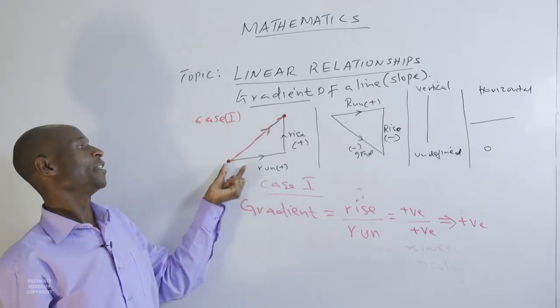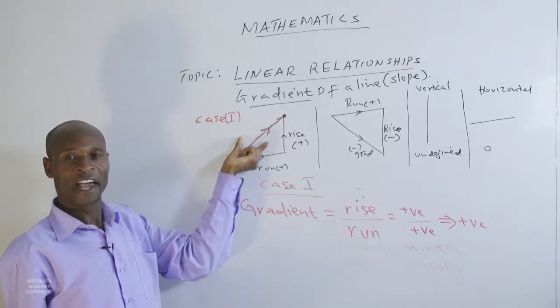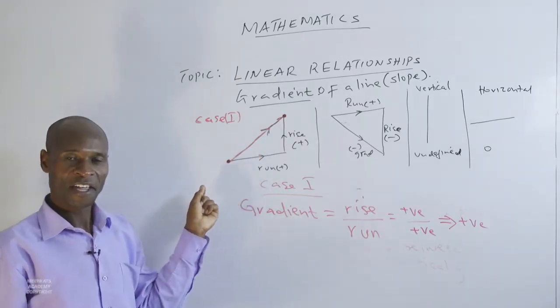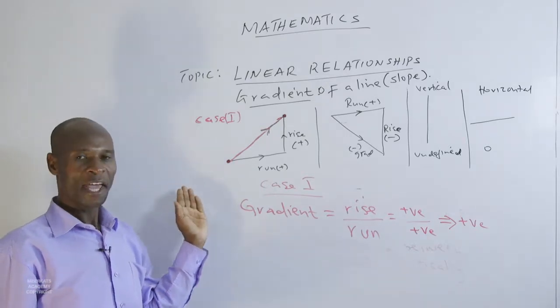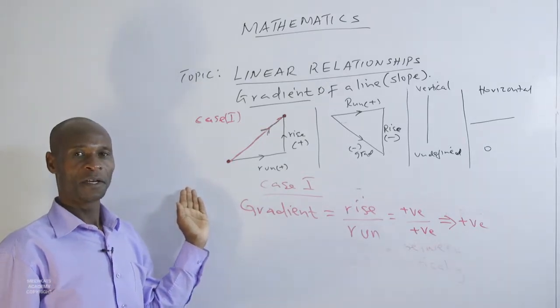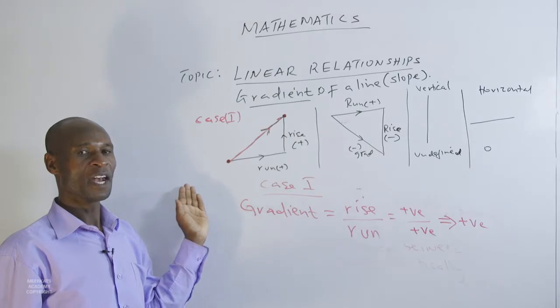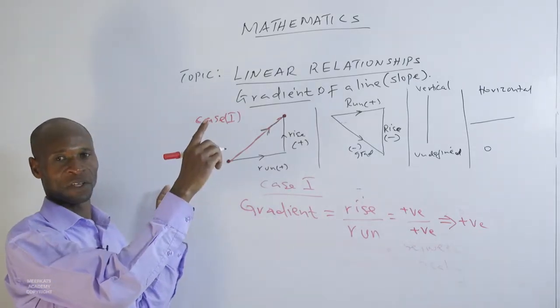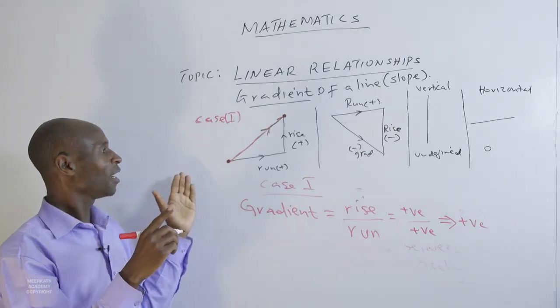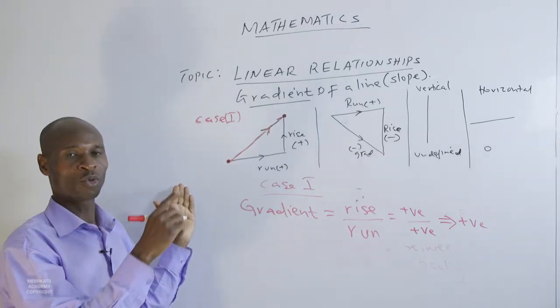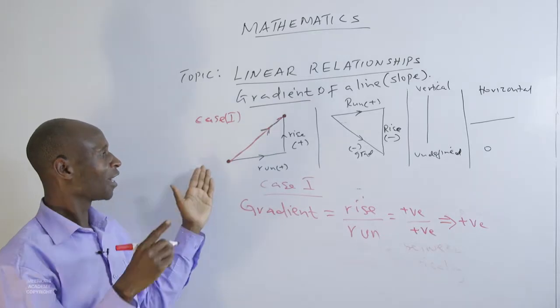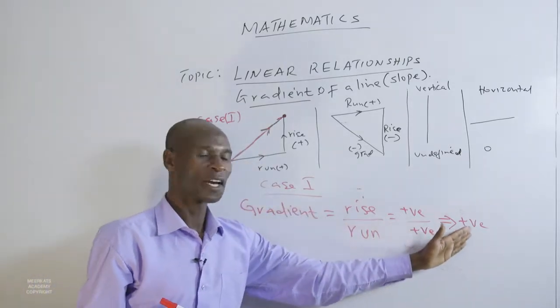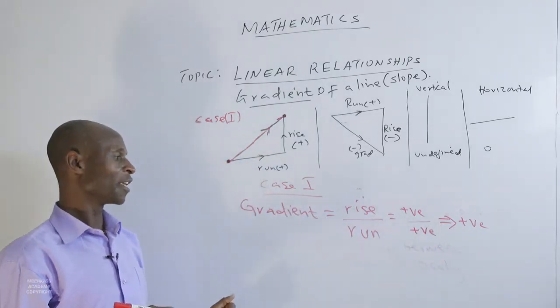And if we study the nature of the line, it is running from the left and rising to the right. So if the line runs from left to right going upwards, then that gives us a positive gradient.